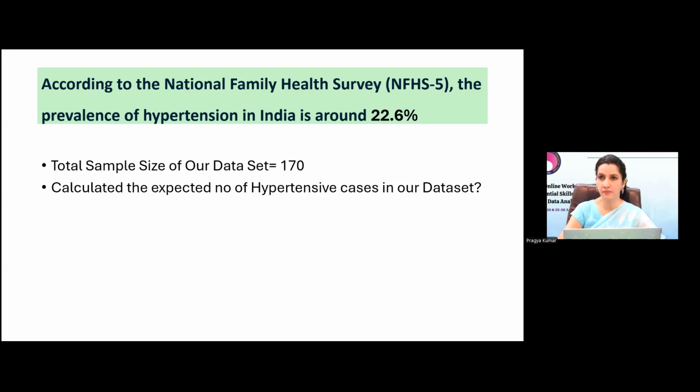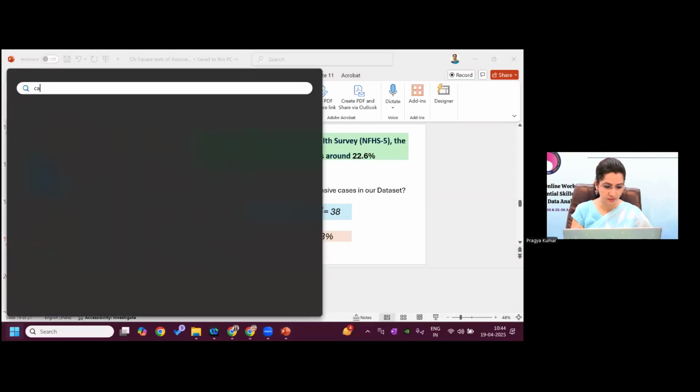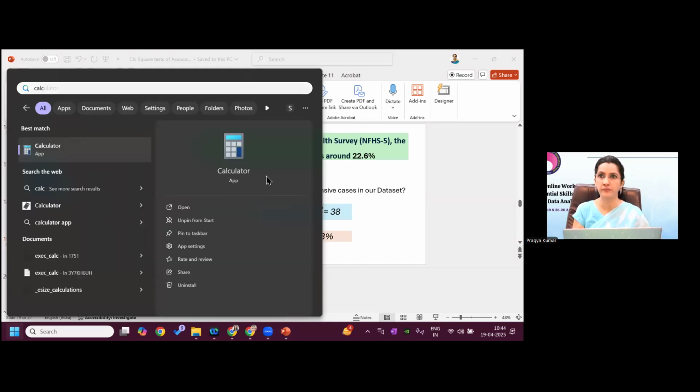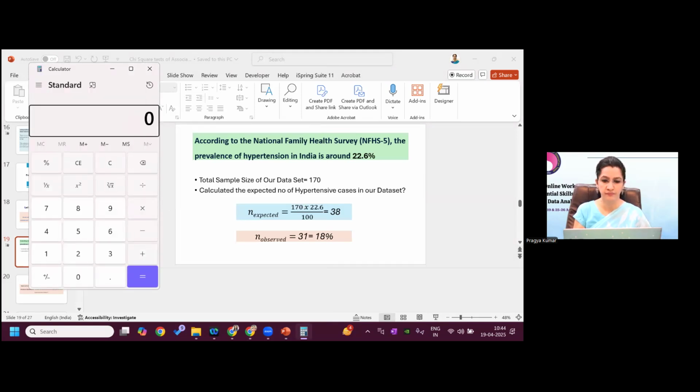You can take a minute. Dr. Subhapriya is saying 38.5. Okay, and 43. If two values are coming, then I'll have to check.